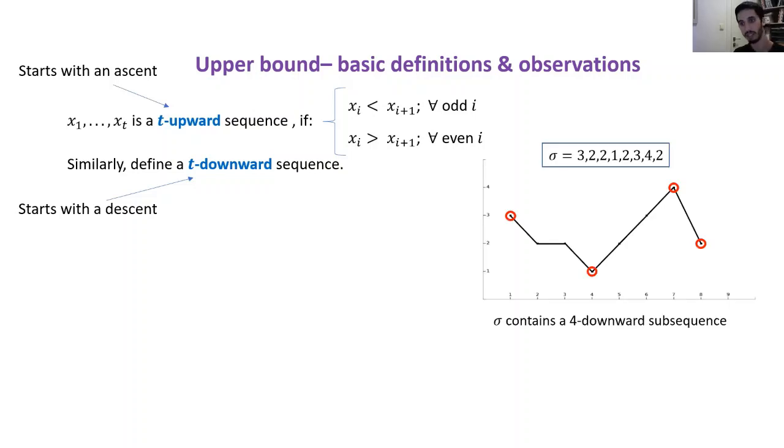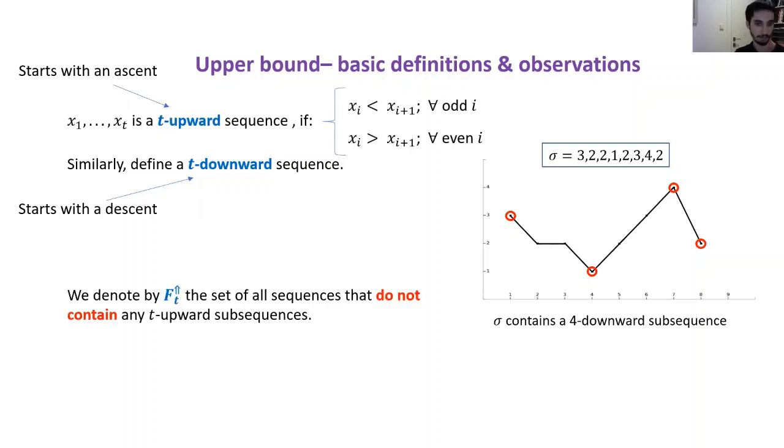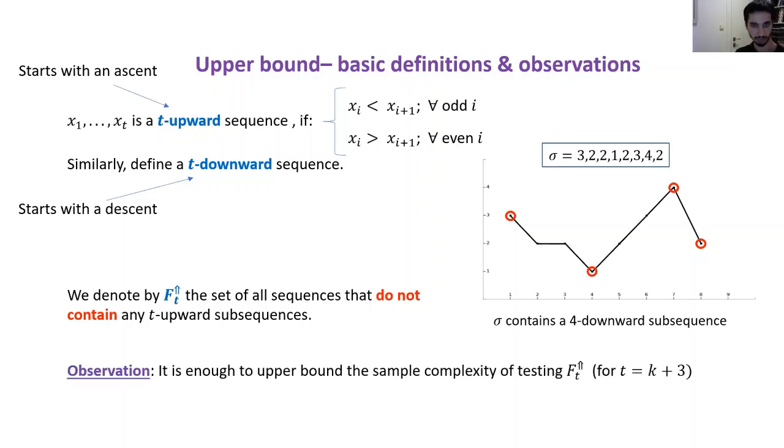In this example, we have a sequence sigma that contains a 4 downward subsequence marked in red. And we denote by F_t up the set of all sequences that do not contain any t upward subsequences. Our first observation is that it's enough to upper bound the sample complexity of testing F_t up in order to upper bound the sample complexity of testing k-modality.